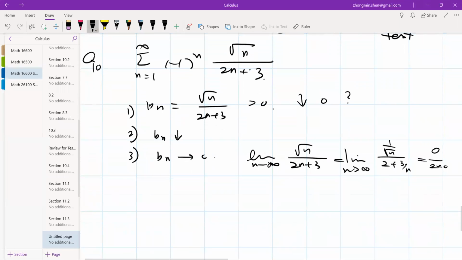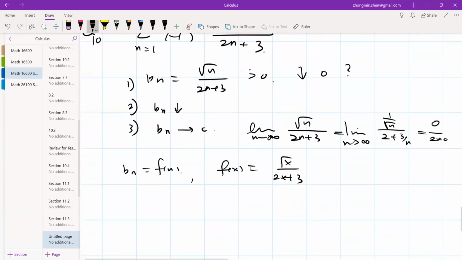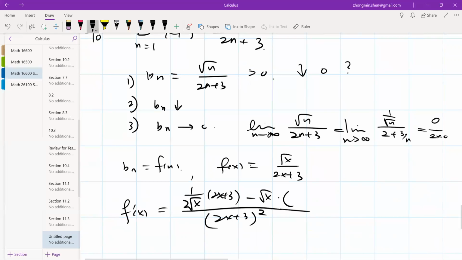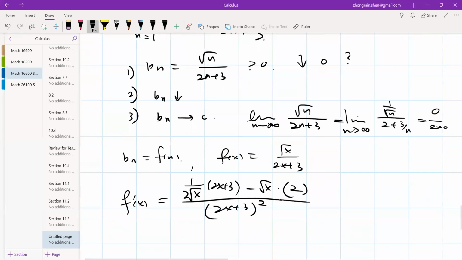So let's prove this is decreasing. In order to prove decreasing, you have to look at the function. Let f of x be square root of x over 2x plus 3. Then you can differentiate. You want to prove it's negative for large n. The derivative is 2x plus 3 times the derivative of square root of x, minus square root of x times the derivative of 2x plus 3, which is 2, all over 2x plus 3 squared.